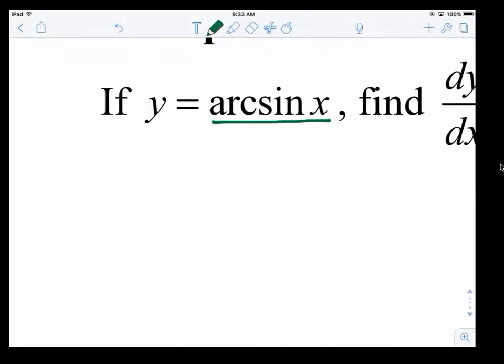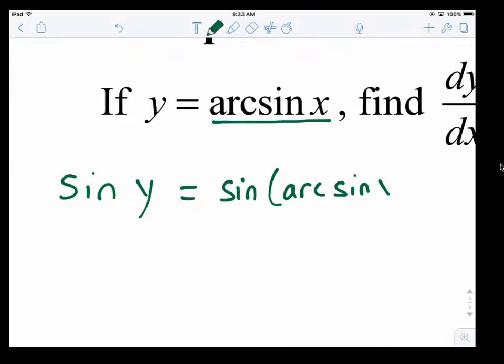If you have x squared and you're trying to just get x, what would you do on both sides? Take the square root. So you take the inverse, right? So what is the inverse of arcsine? Sine. So you're going to take sine on both sides: sine of y is equal to sine of arcsine of x.